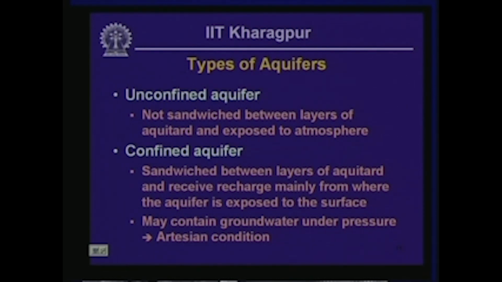This aquifer receives recharge only locally, where the aquifer is exposed at the surface, as we have seen earlier. And confined aquifer often contains groundwater under pressure, and such a condition is called an artesian condition, as we are going to see in the next little bit.